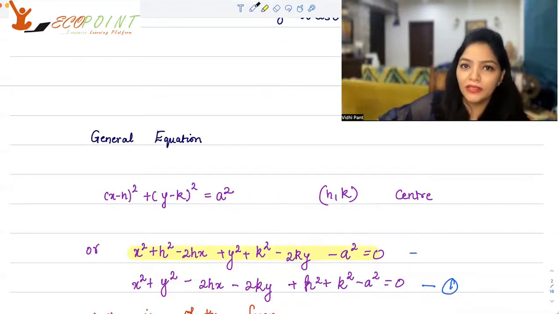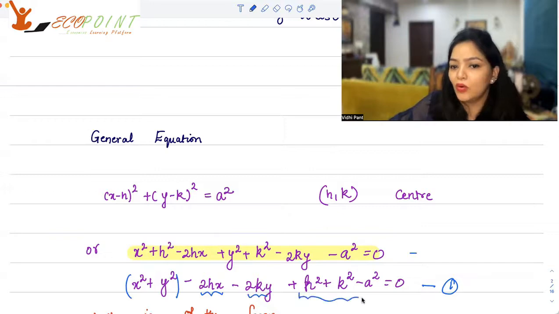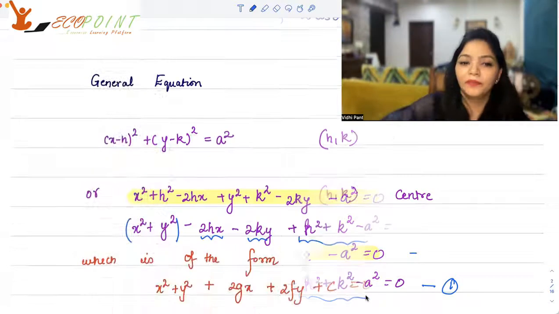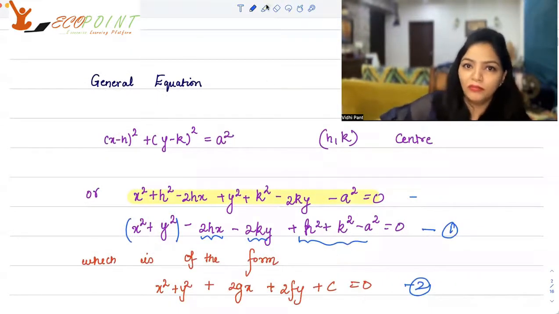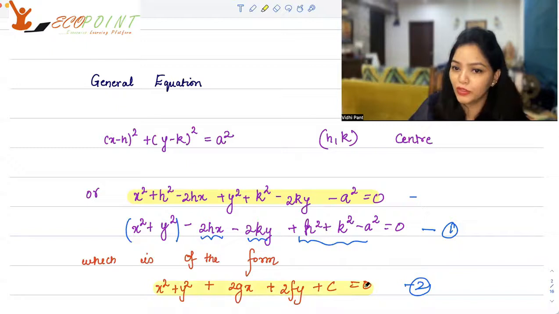What I've done is taken x square, y square here, then the term with x and the term with y here, and this is your constant term. Which is basically of the form x square plus y square plus 2gx plus 2fy plus c equals 0. Say this is number 1, this is number 2.